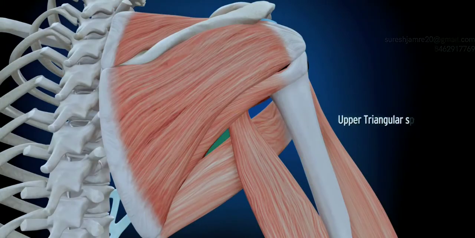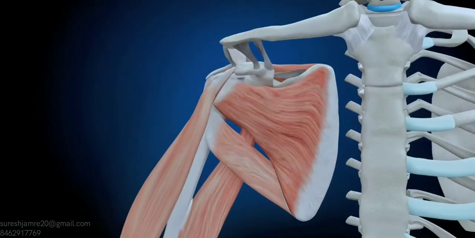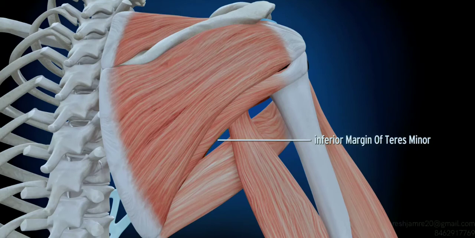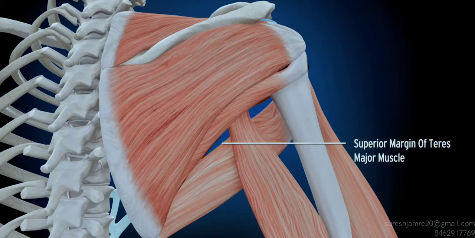Upper triangular space. This provides passage between the axilla and the posterior scapular region. It is formed superiorly by the inferior margin of teres minor and inferiorly by the superior margin of the teres major muscle.